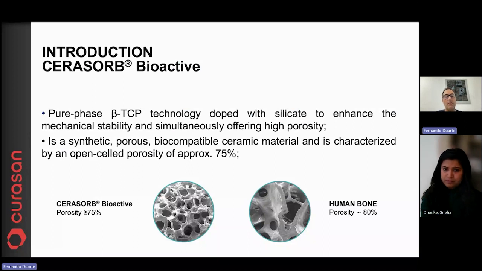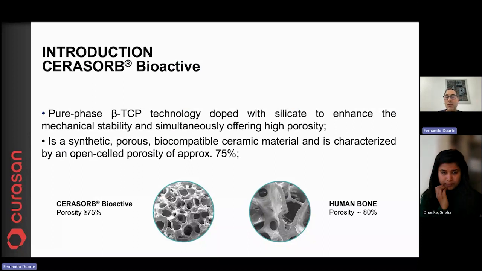We are talking about a material with more than 75% porosity, which gives 10% more porosity when we compare to other materials in the market. And this is very important because in this space we can have blood, we can have fibrin, we can have more adhesion between our biomaterial and the autologous bone.